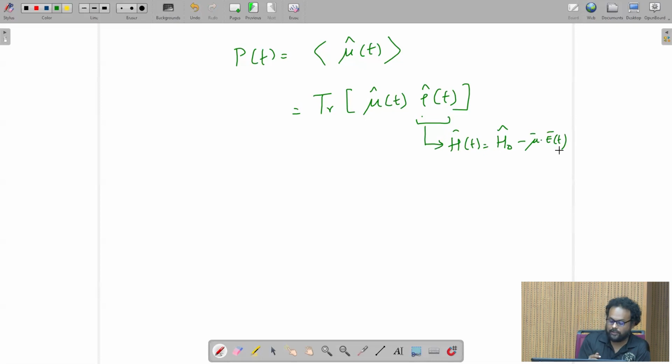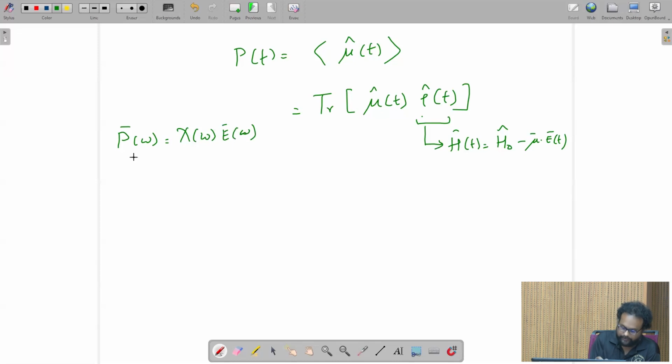So we also know from the very definition for linear response, linear polarization, P of omega is susceptibility multiplied by the electric field, again in frequency.